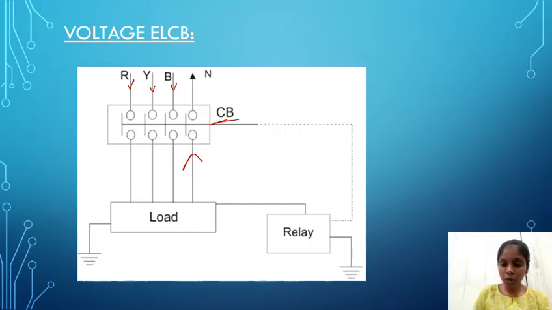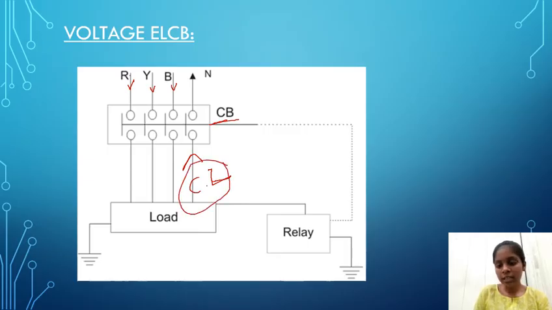In abnormal condition, the three phases send the current to the load, but at the load there is a current leakage.